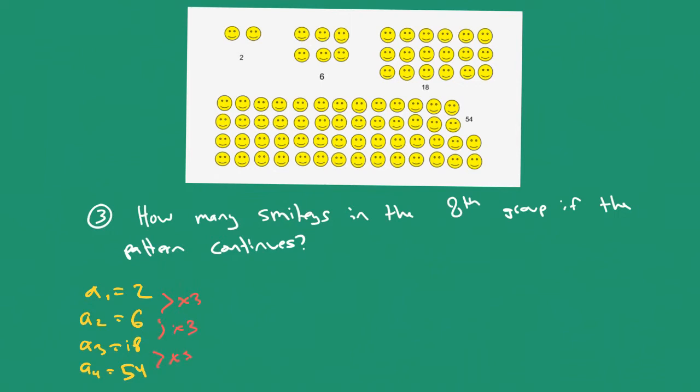So here, I need a geometric sequence because we are multiplying. Geometric, which is a formula, remember, is a_n equals a_1 times r to the n minus 1. So here in this problem, I know that a_1 equals 2 and r equals 3.